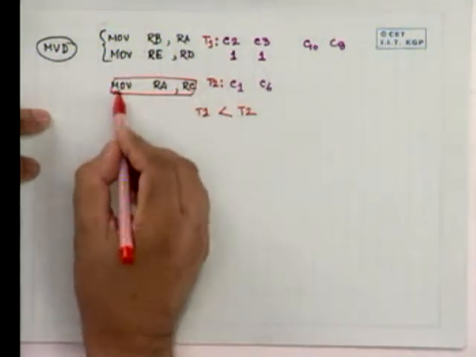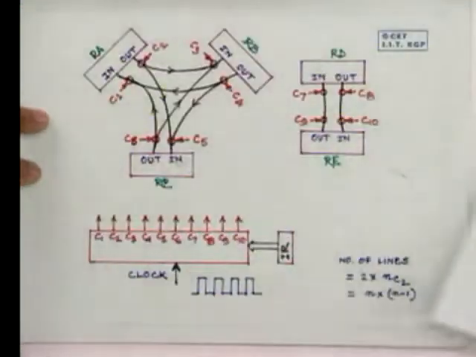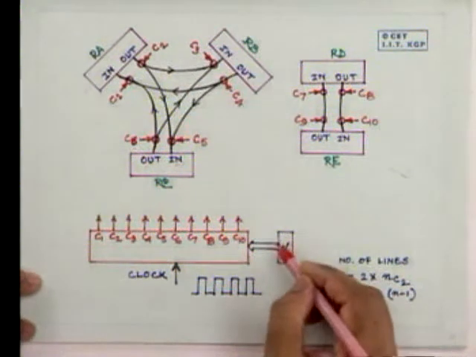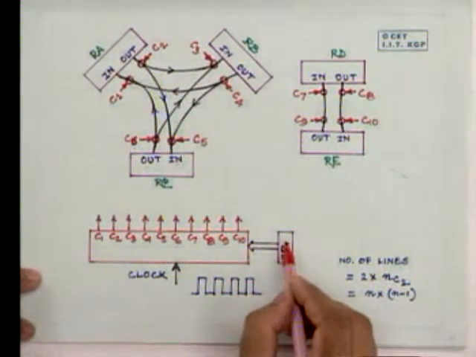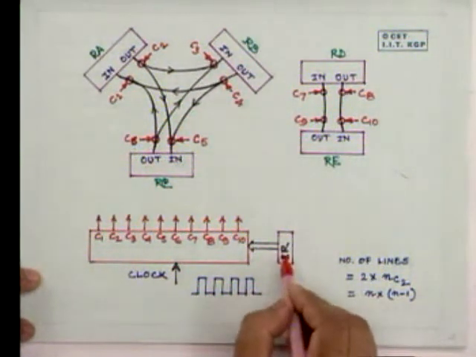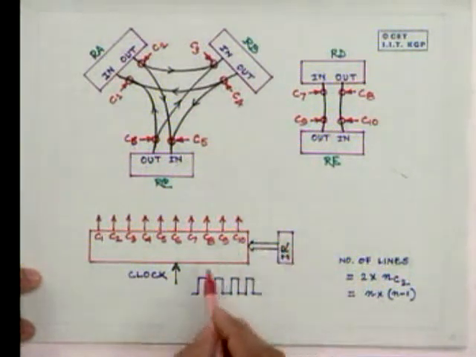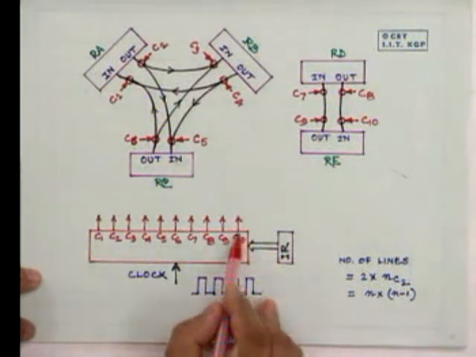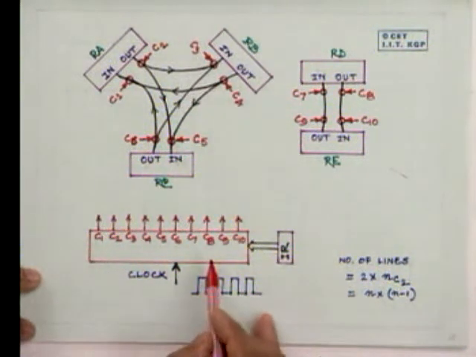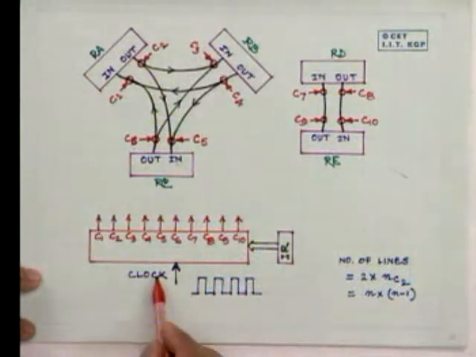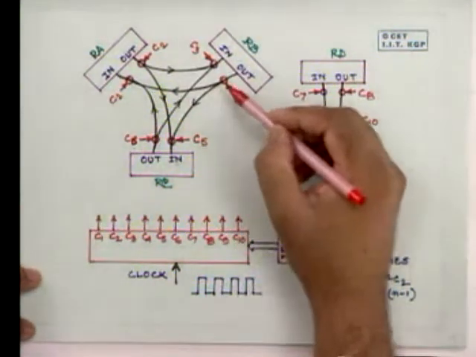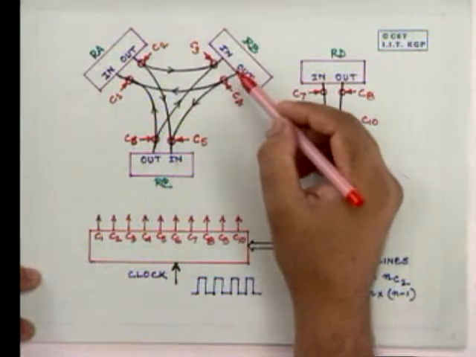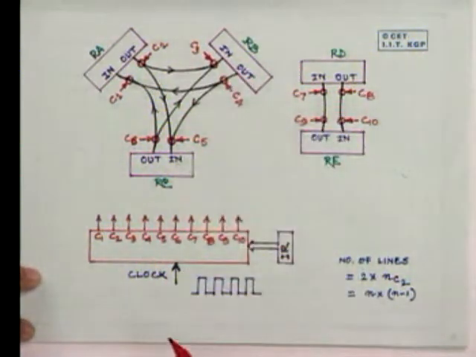Therefore, at any point of time, depending upon the content of this instruction register, the control signals are generated from this control unit, in synchronism with the clock pulses, to open or close these gates in the data path so that the data movement can take place accordingly.